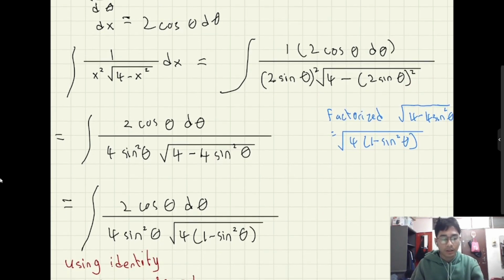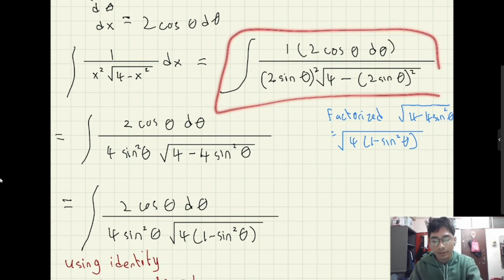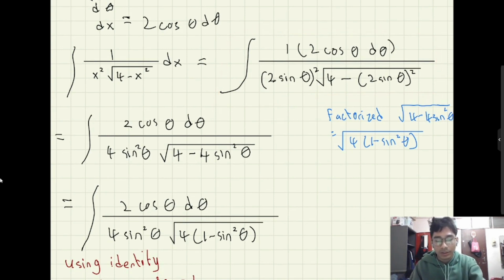After that I simplify this equation, such as 2 sin theta squared, and then we get 4 sin square theta. The same in this equation, we get 4 sin square theta.